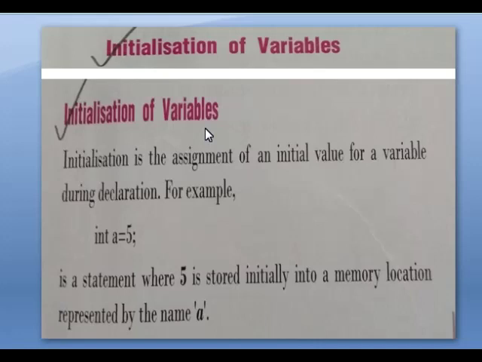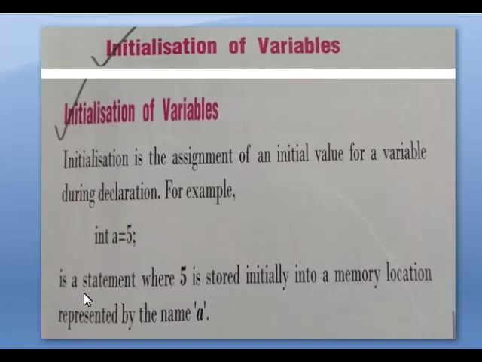Initialization of variables means we are assigning some values to the variable to do a particular task. Initialization is the assignment of any initial value for a variable during declaration. For example, int a = 5. Here we initialized the value of a as 5 and the data type is integer.